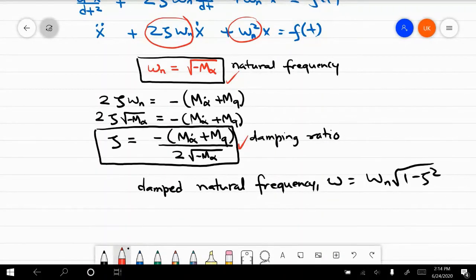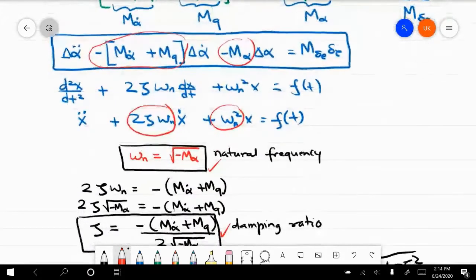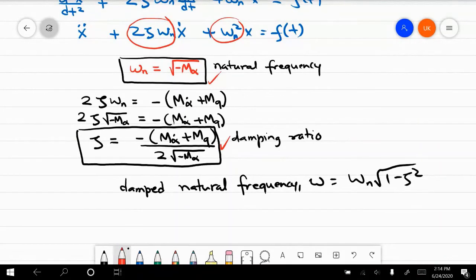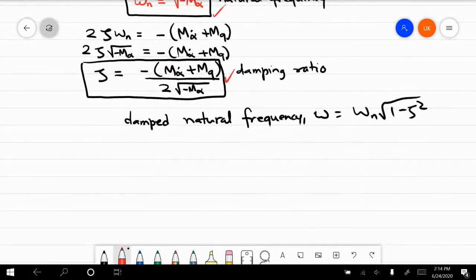You will also be able to find this numerical problem in the book, and actually the book has redone these steps, going through all the steps starting from the aircraft equation of motion, applying the small perturbation, obtaining another equation, writing that equation as a second order differential equation, and then obtaining the values of omega n and zeta. That is fine. That reinforces these steps in your mind, and that sort of practice is very helpful when you face a new problem in the future.